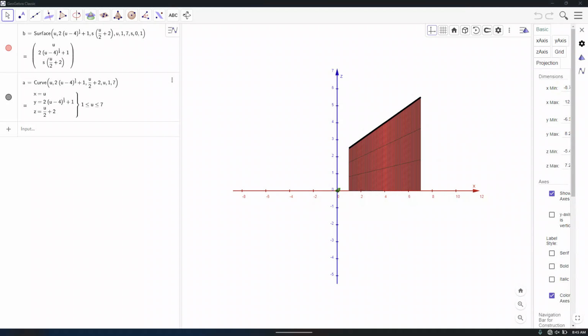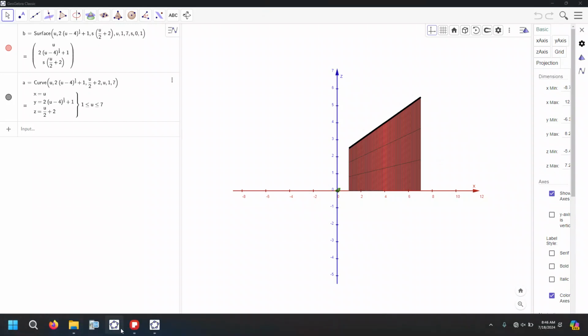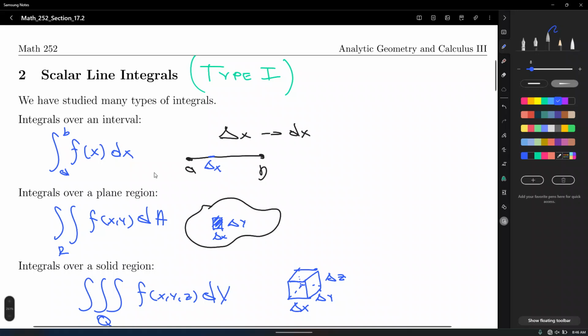It's the area under the curve, this diagonal line, and yes, within the interval 1 to 7. I mean, that's Calc 1, right? So that's what this integral does, right? Remember, let me go back to the notes right here. That's what this integral does. Find the area under the curve within two values a and b, all right?